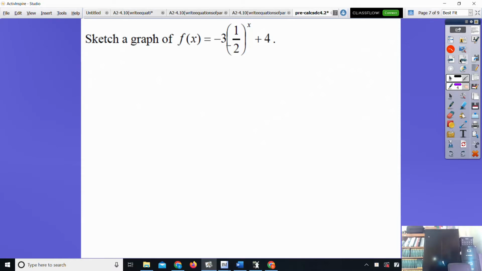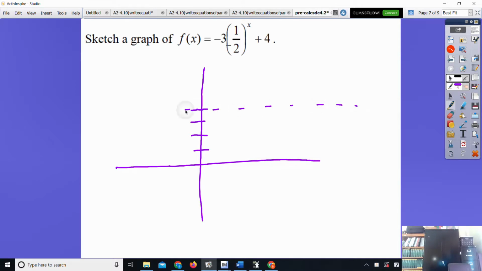So sketch a graph of f of x equals -3 times 1/2 to the x plus 4. How does the graph get moved? Up 4. 1, 2, 3, 4.